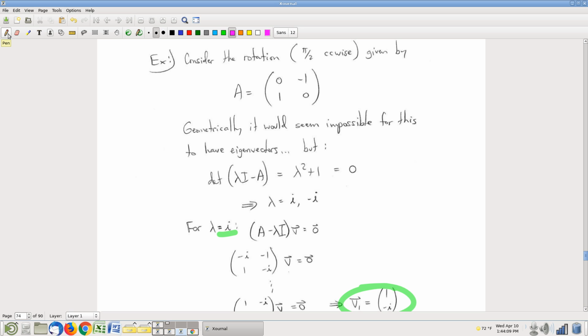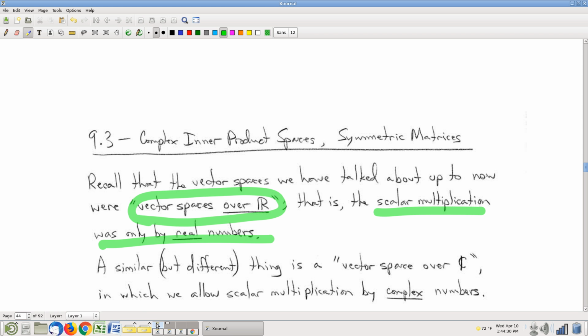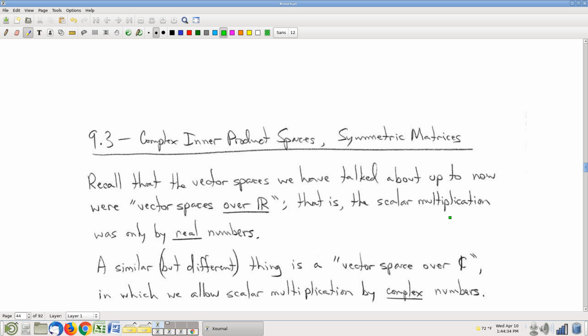But notice when you write it down as Av equals lambda v, notice this scalar is complex. Again, kind of breaks our rule. Okay, another victimless crime, nothing to worry about. This is just a kind of formality. So, nevertheless, I do want to confess we did break some rules here.